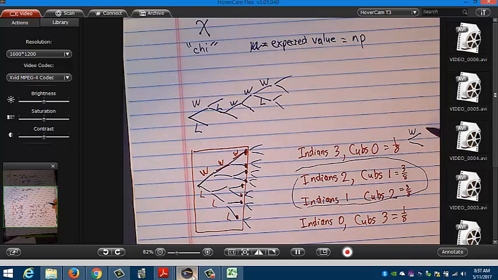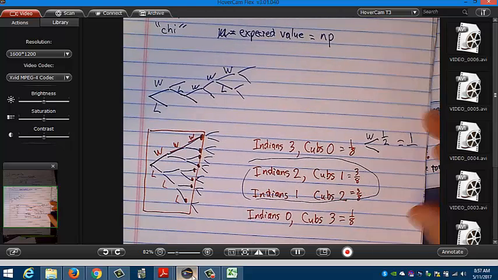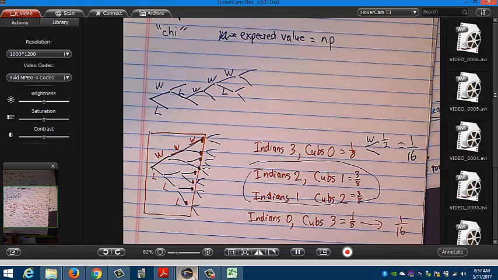What's the chances of that happening? 1 out of 2 times 1 out of 8 is 1 out of 16. Now, there's another way, and that's right here, 1 out of 16. But the chances of it going beyond would be 14 out of 16. Right? Are the chances that it goes more than 4 games?